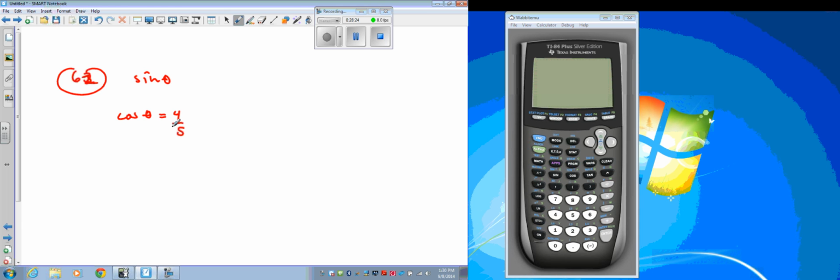Okay, they want you to use identities. So which identity relates sine and cosine?